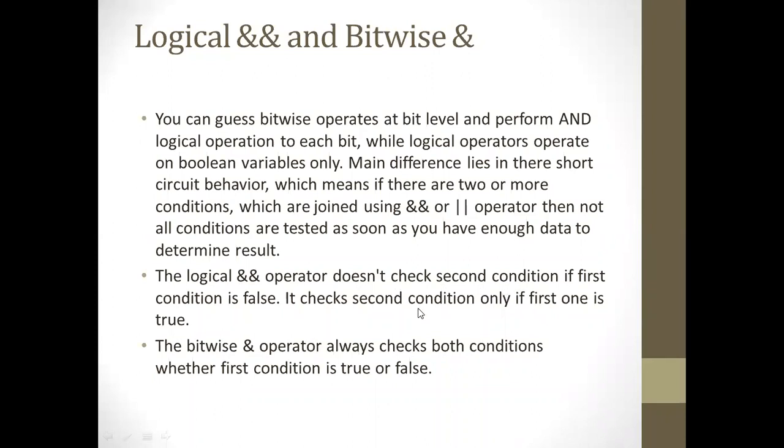It will check the second condition only if your first condition is true. But in case of the bitwise AND operator, it will always check both conditions, whether the first condition is true or false. Clear? So just remember this meaning of the logical and the bitwise AND operator.